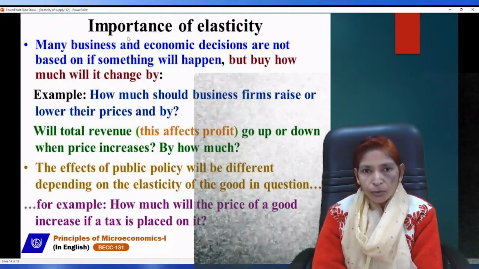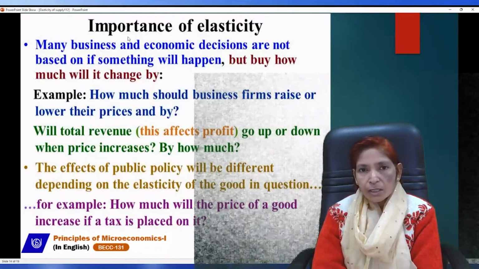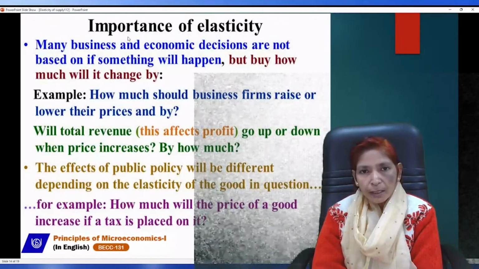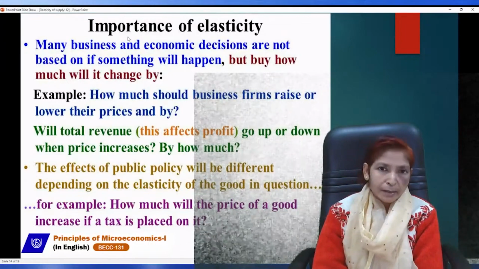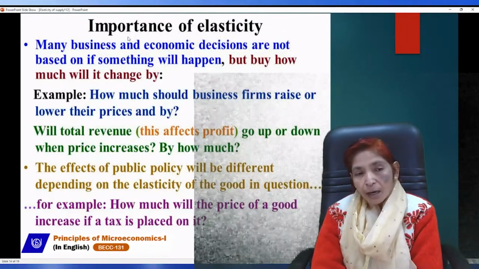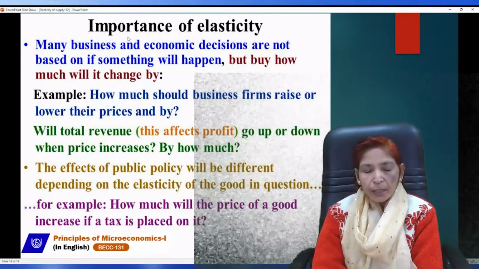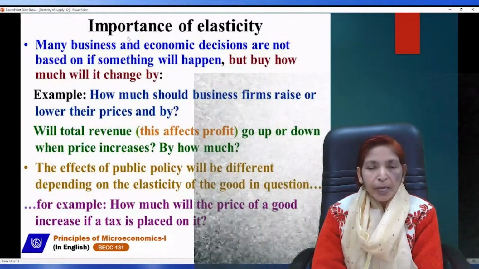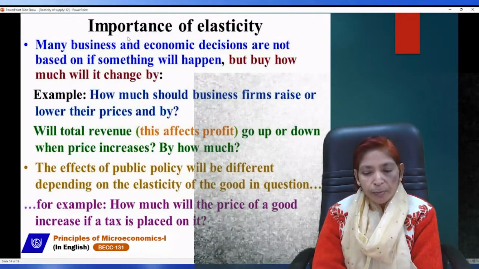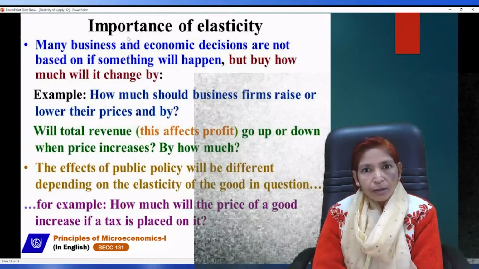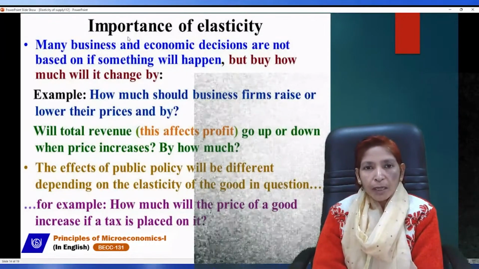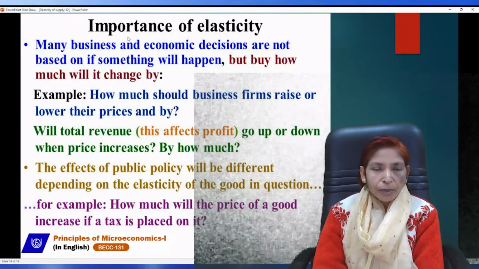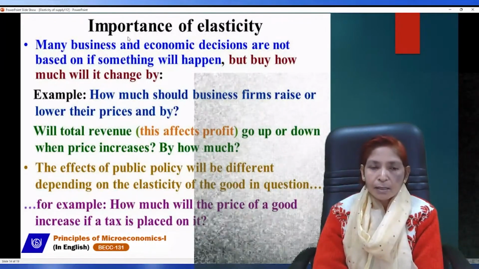Generally, elasticity shows what percentage change will occur in demand or in supply due to change in price. Price always affects our demand and price always affects our supply of the commodity. So how much a price change affects our change in demand or change in supply, to study these concepts, we must know about elasticity.